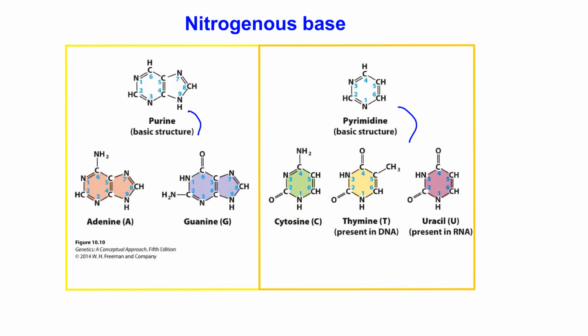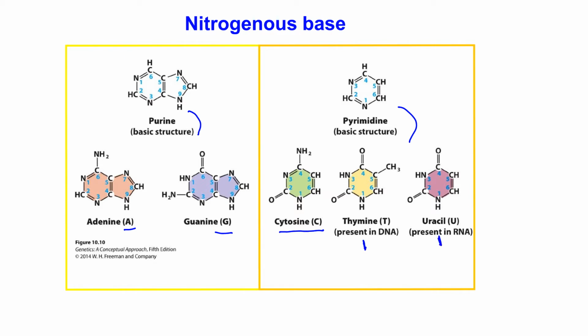Now, purines are adenine and guanine, and you find them in both DNA and RNA. Pyrimidines are cytosine, thymine, and uracil. Cytosine is common in DNA and RNA, while thymine is found in DNA and uracil is found in RNA.